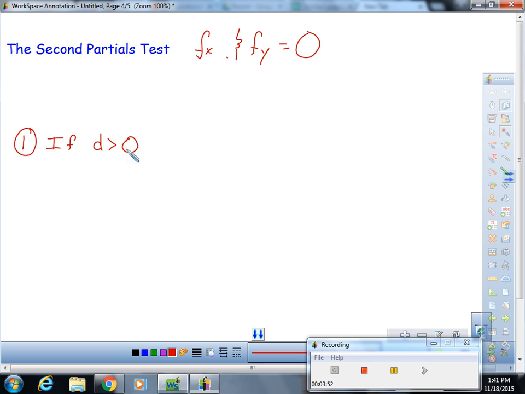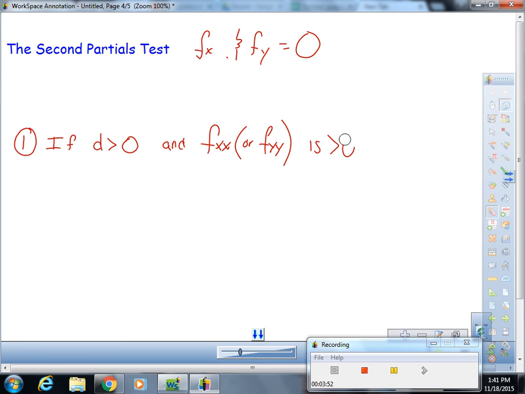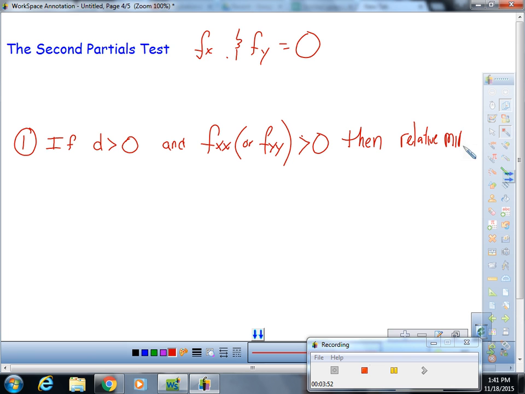If D is positive and f sub xx is also positive, then that's going to be a smile, so it's going to be a relative min. And I'll explain to you what I mean by smile in just a second.